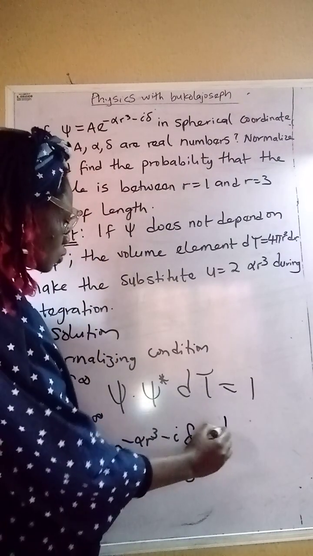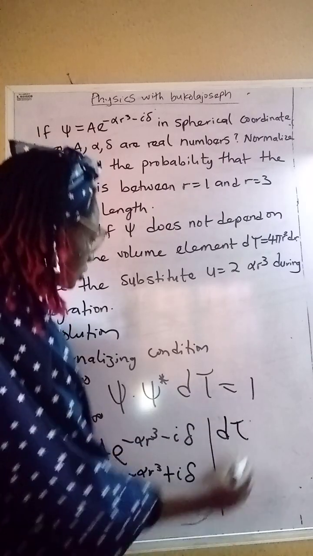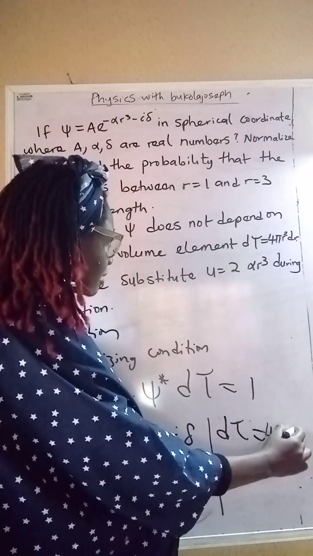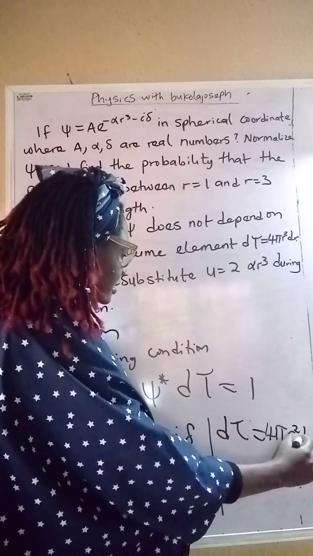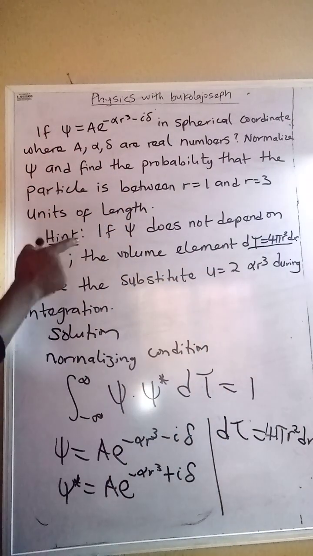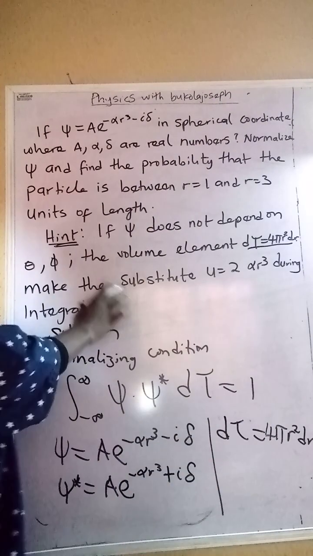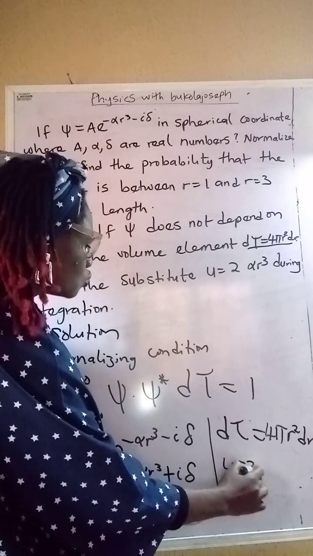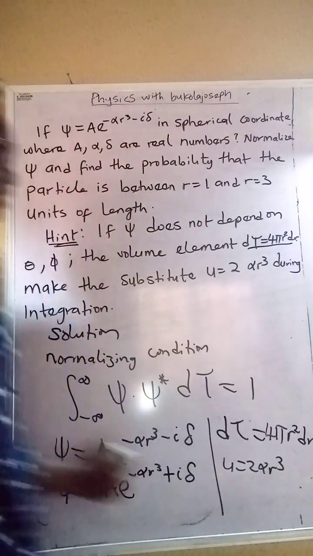Okay, so now we are given dτ. We are given dτ to be equal to 4 pi r squared dr. So dτ is given here. But please mind you, we are also asked to make the substitution u equal to 2 alpha r cubed during integration.